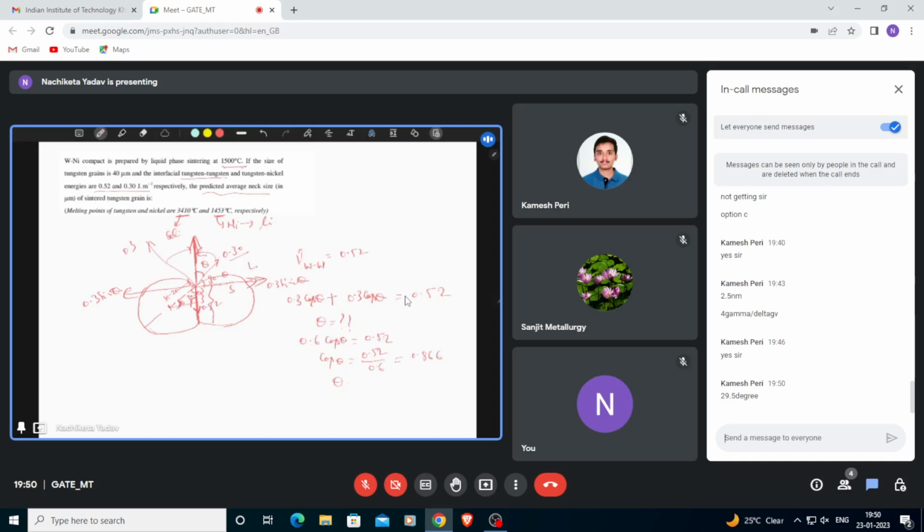So what theta value are you getting? 29.9 degrees.